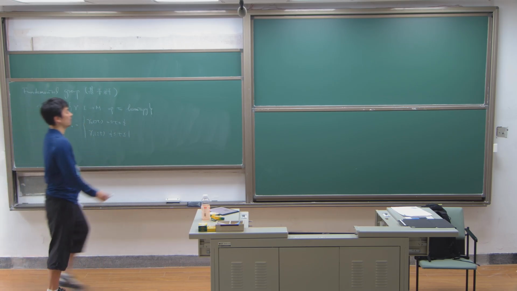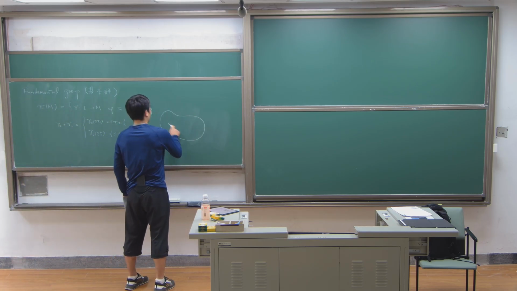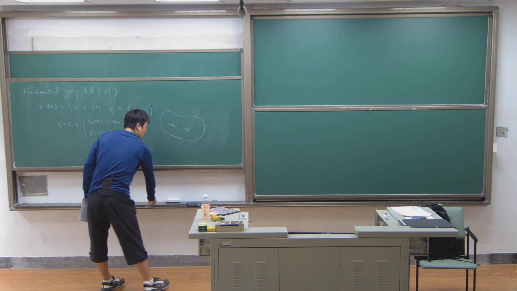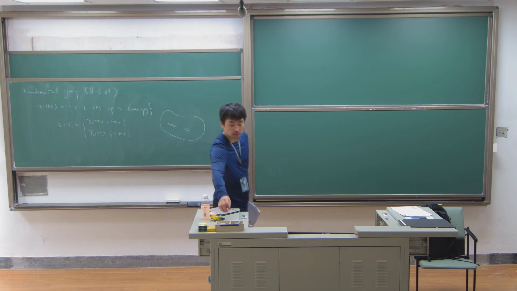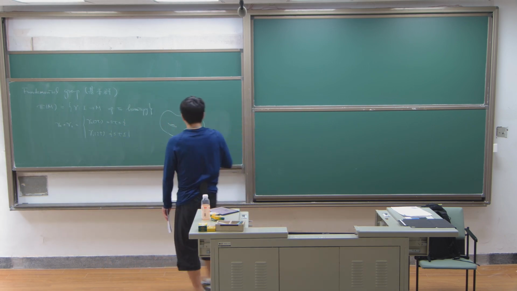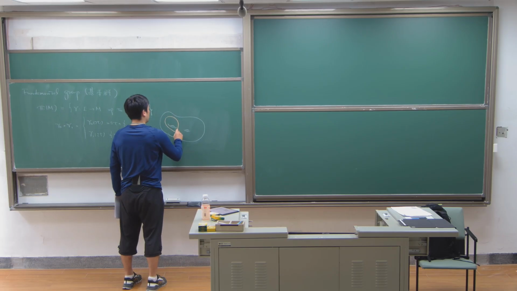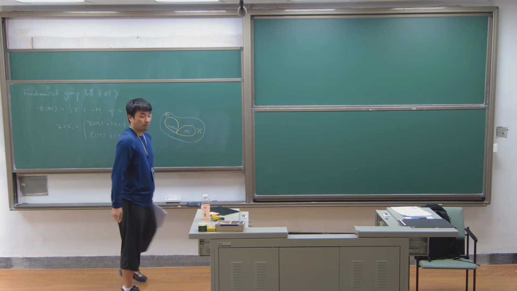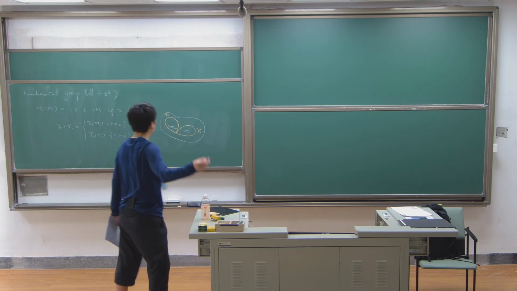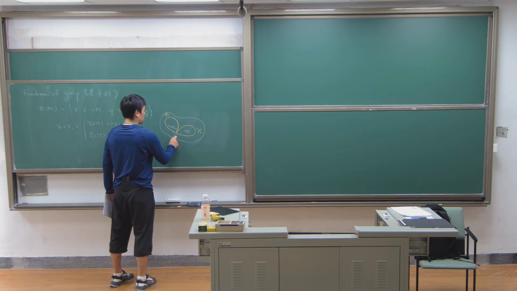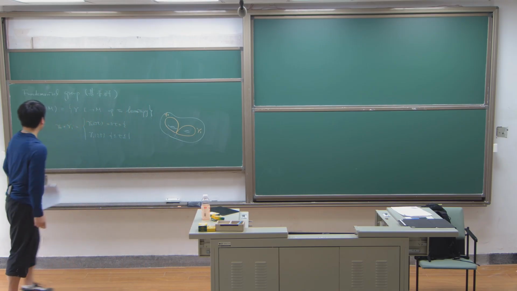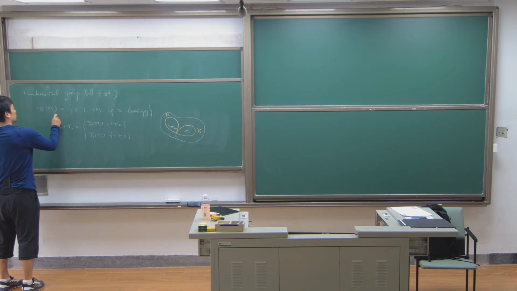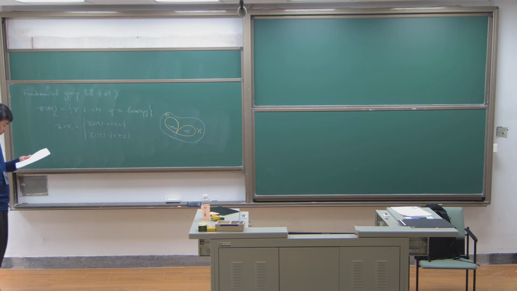So namely, you just multiply γ0 and γ1. So therefore, after homotopy, that is equivalent to this, so this is the base point. Base point doesn't matter, actually, not so important.